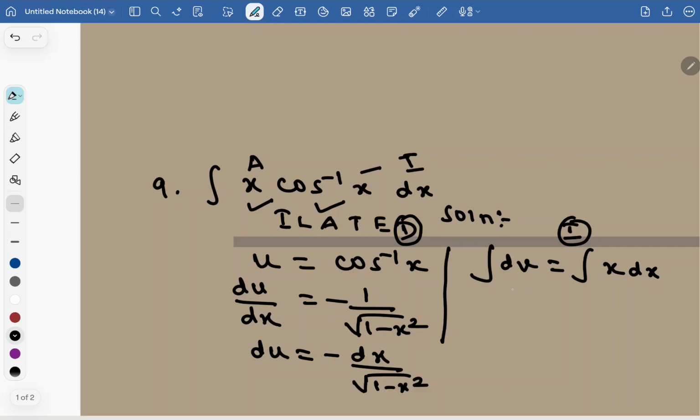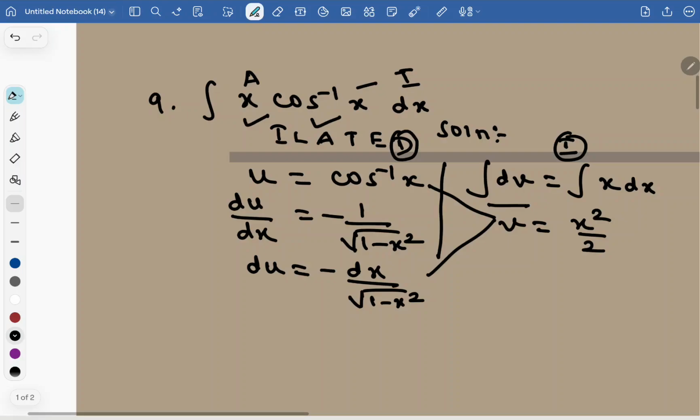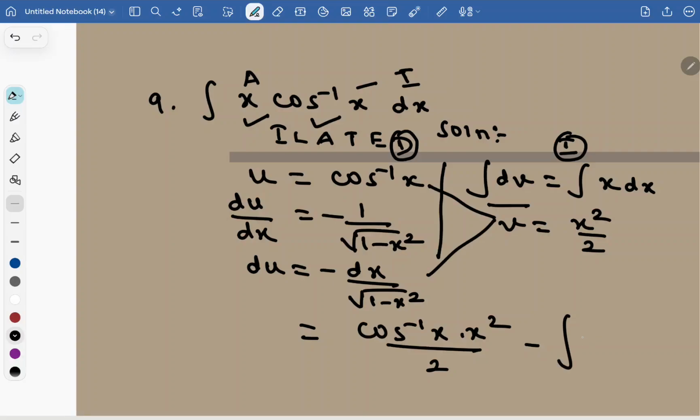Differentiation part is over. Now I am going to do integration. Integral dv is v, integration of x dx, x square by 2. Formula uv minus integral v du. u is cos inverse of x, x square by 2, minus integral v is x square by 2, minus of dx by root of 1 minus x square.